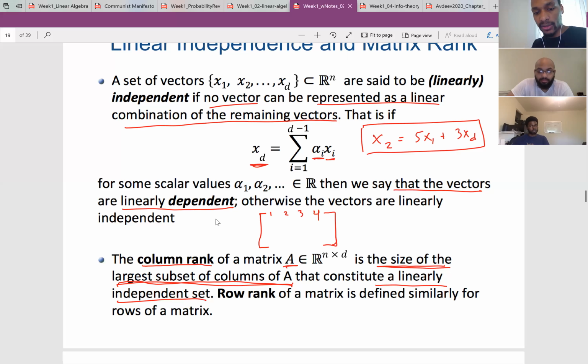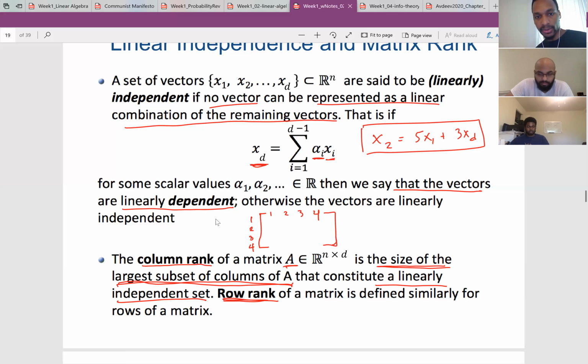And then similarly, you can do the same thing for row rank, where you take the rows as your vectors instead and try to represent each one with the others, each one vector with the other 3 vectors. Okay.